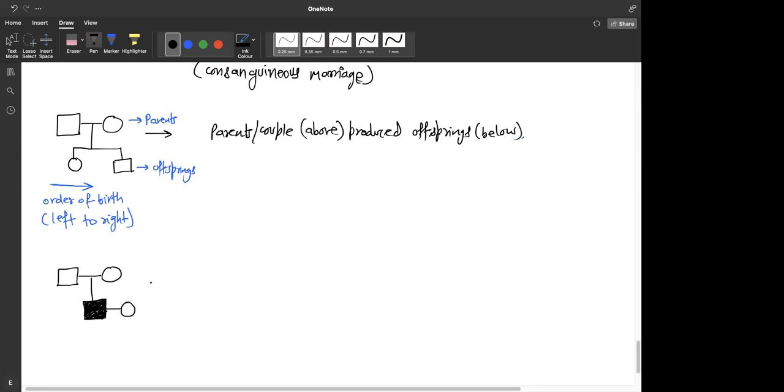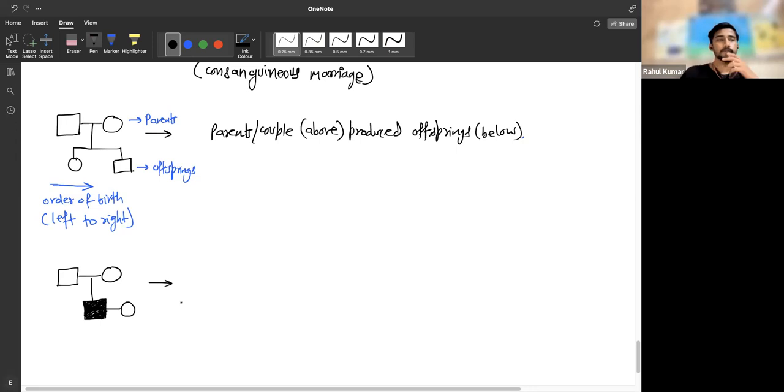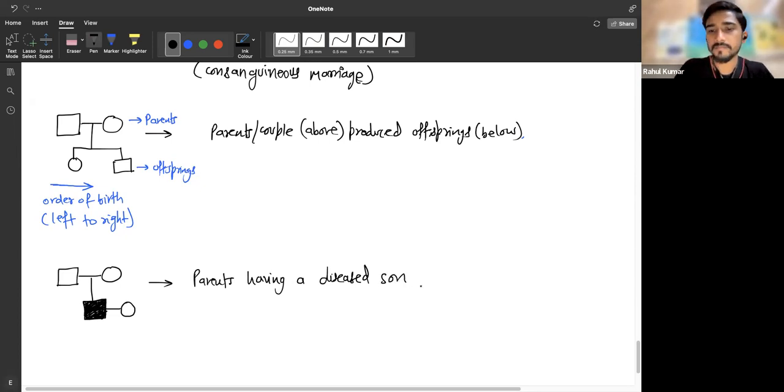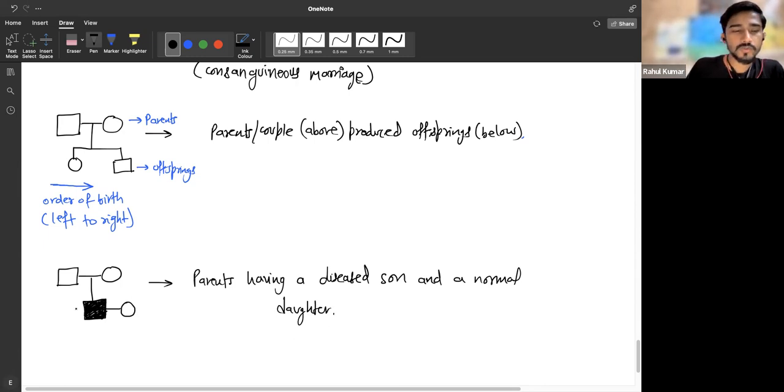Yes, so this means that parents who were not diseased have an affected son, whatever disease we are studying, along with a normal daughter. Yes. And who's elder? The son.